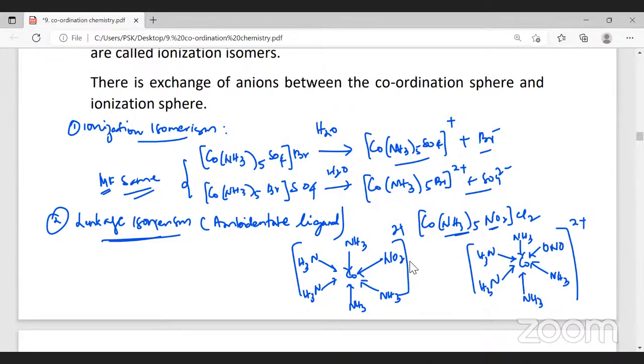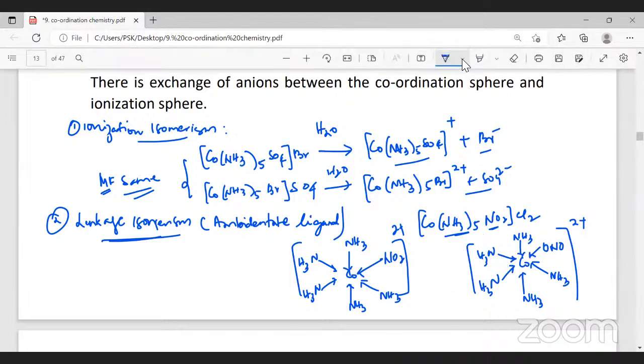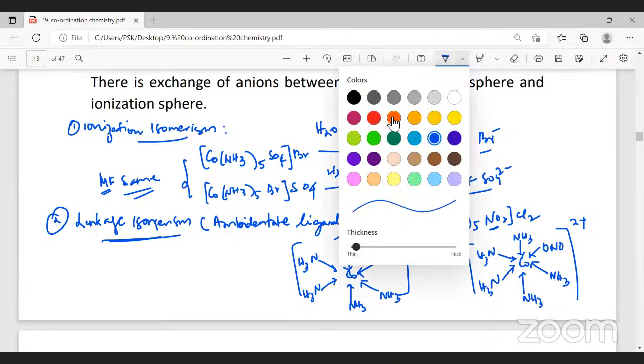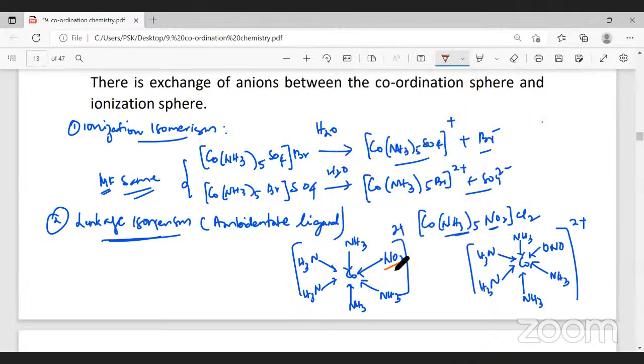See, this compound has same molecular formula, same structural formula, but they differ in the mode of linkage. Here it is linked through nitrogen, here it is linked through oxygen. So NO2 minus nitrito ion is an ambidentate ligand. It can get bonded through nitrogen or through oxygen.